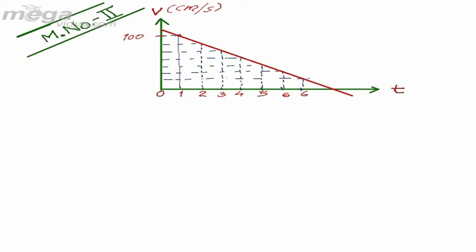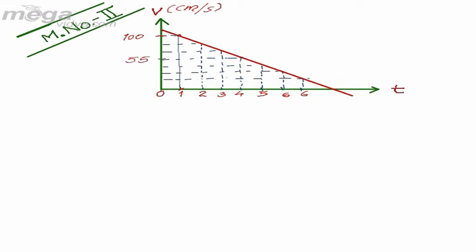So for this interval, the average velocity corresponds to time t equal to 1 second, and for the next 4 seconds, 2 to 6 seconds, the average velocity comes to be 55 centimeter per second.